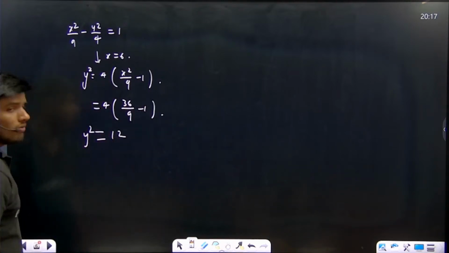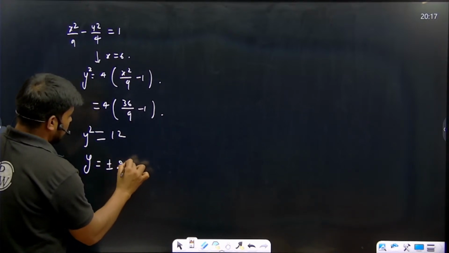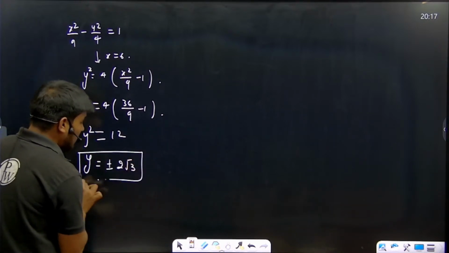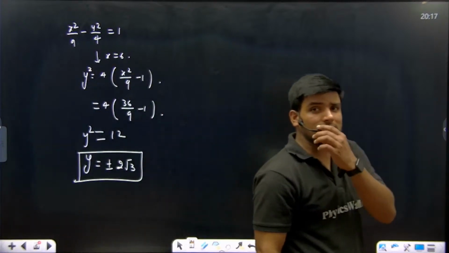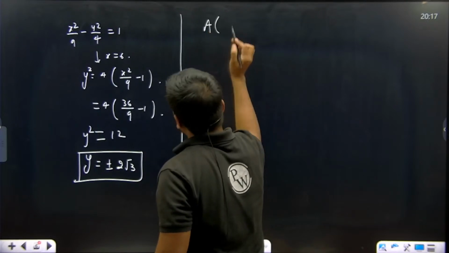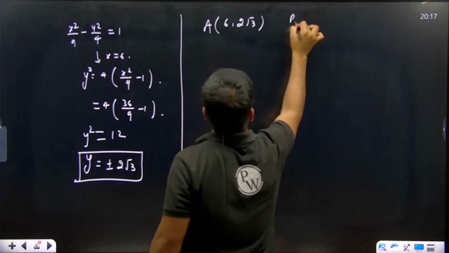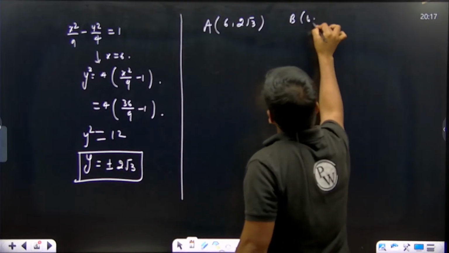The value of y square is 12, so we will get y equals to plus minus 2 root 3. So corresponding to x equals to 6, we get two values of y. So we can say that coordinates of A are 6, 2 root 3 and coordinates of B are 6, minus 2 root 3.